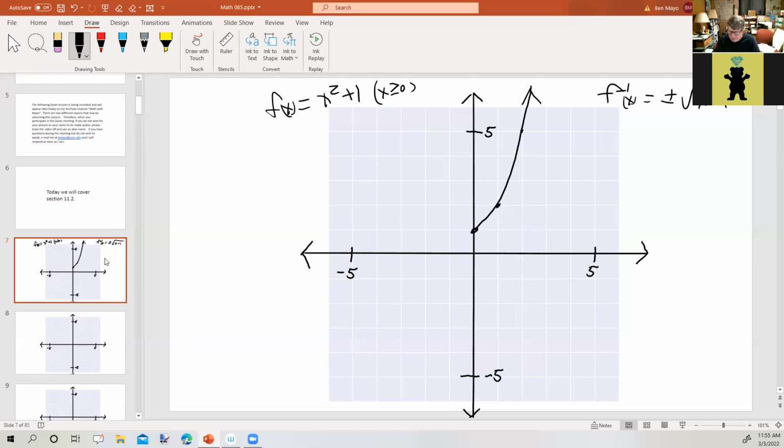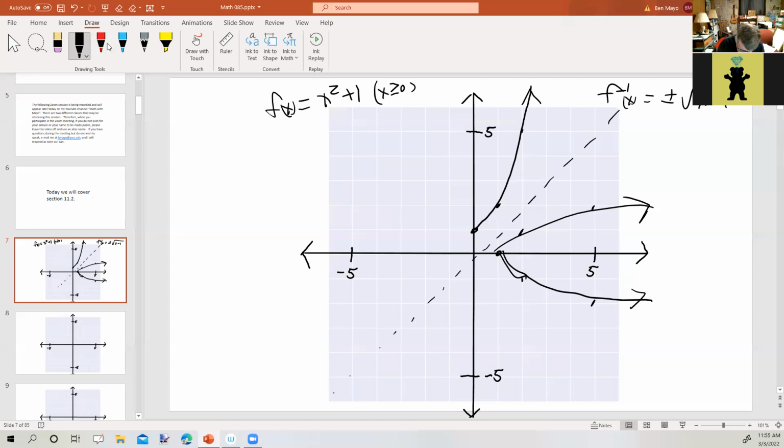If I graphed that, basically it would look like that. I could go through the process, but for the moment, just take my word for it. That's supposed to look like the reflection of this through the line y equals x.